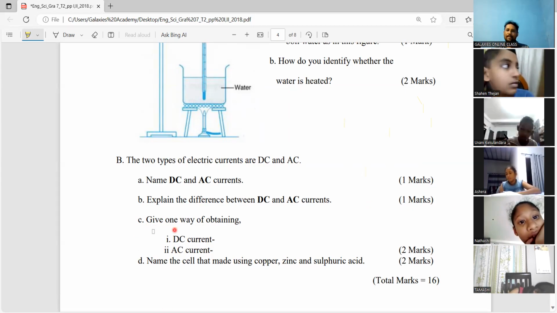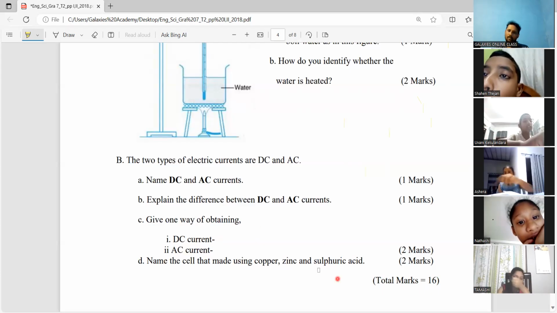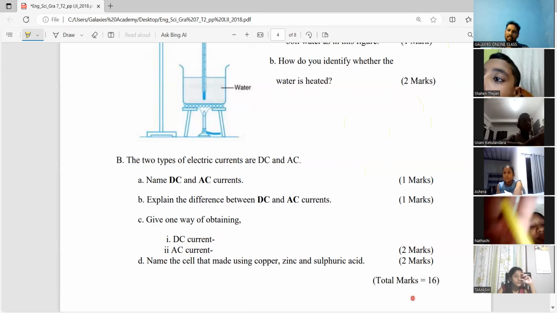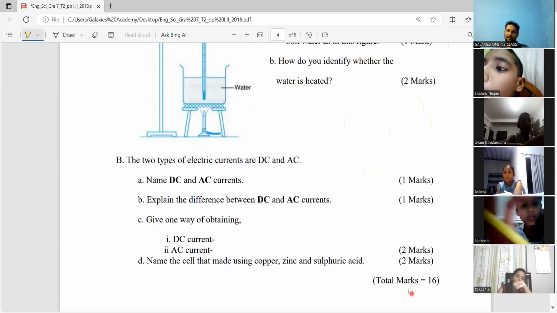Right, then part C. Give one way of obtaining DC current and AC current. Can you tell me how you can get DC current, using which types of objects? Using dry cells and batteries, no?